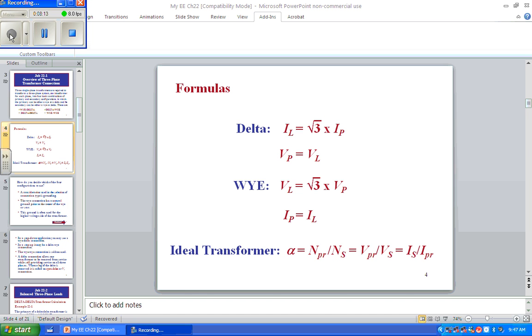So the number of windings in the primary over the number of windings in the secondary is equal to the primary voltage over the secondary voltage. And that is inversely proportional to the current. So the current in the secondary over the current in the primary is the same fraction. So that's an inverse proportion.